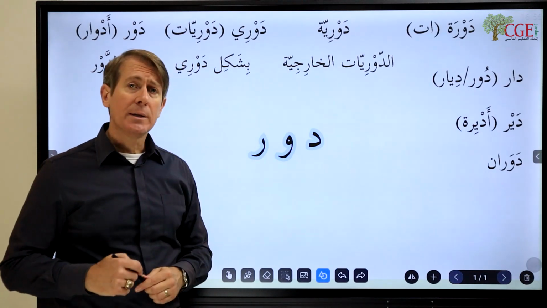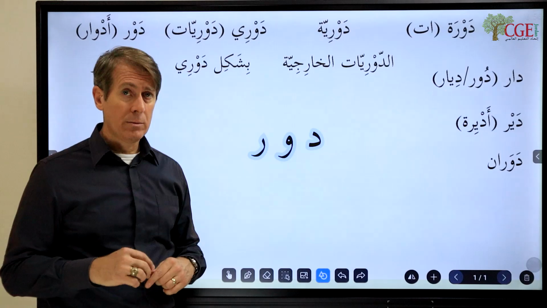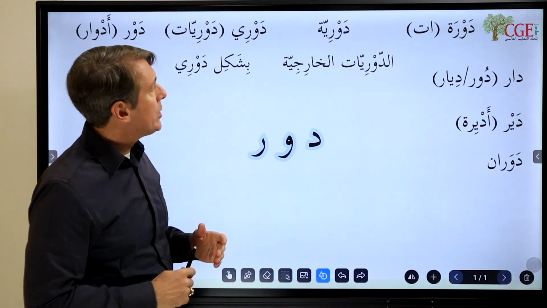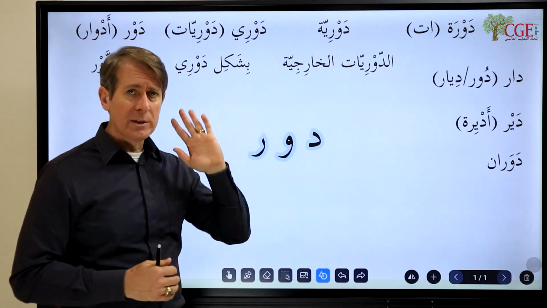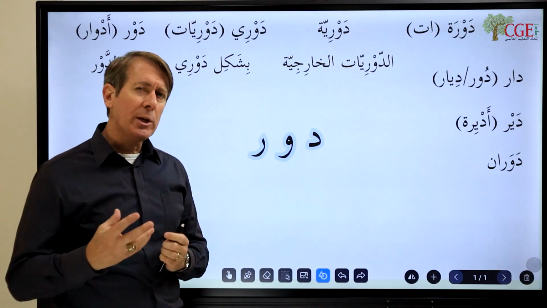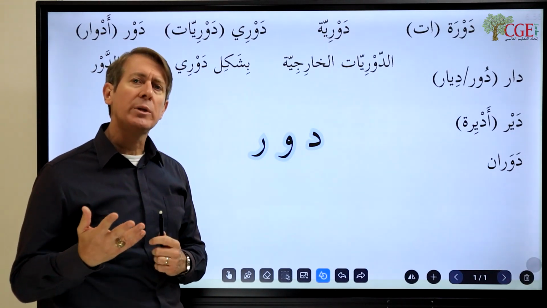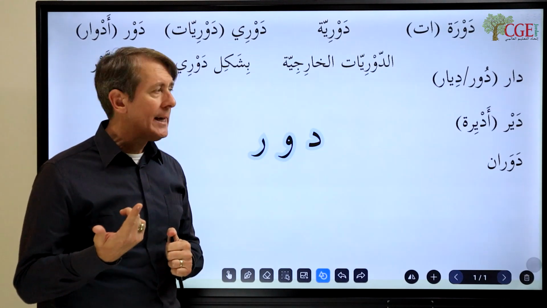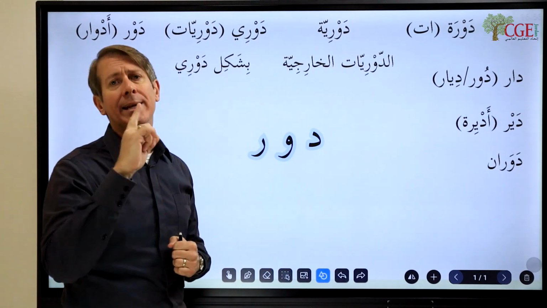Okay, Dawran. Dawran is also another noun, just like Der is a noun, Dar is a noun, Dawriya is a noun, okay, and Dor and all these Dawra. But Dawran is the closest masdar to the root essence meaning of this jadar, and that is that it means spinning or rotating.